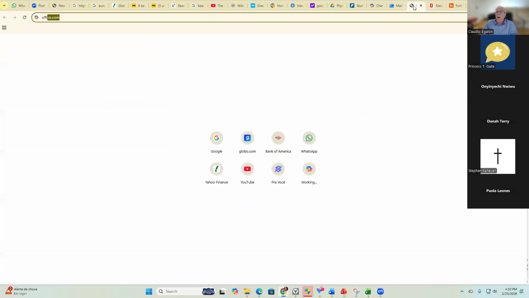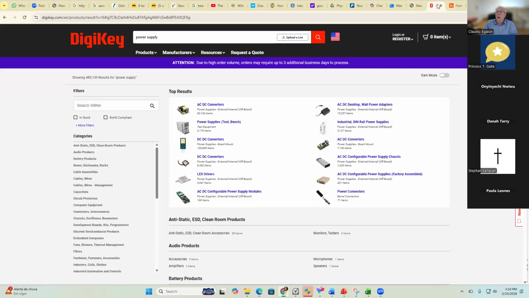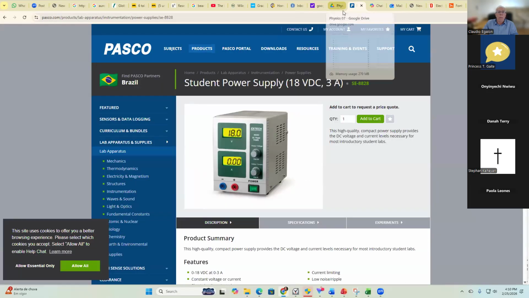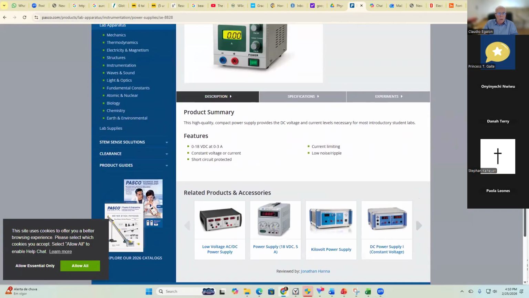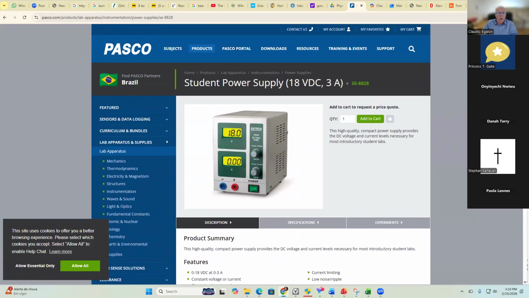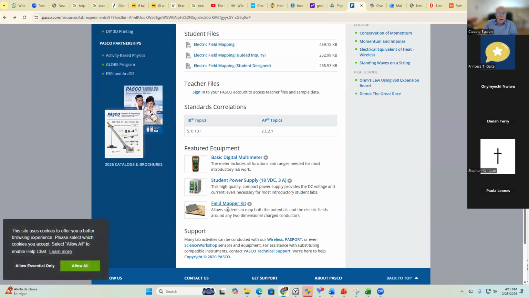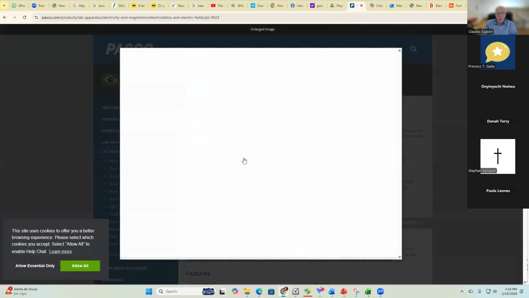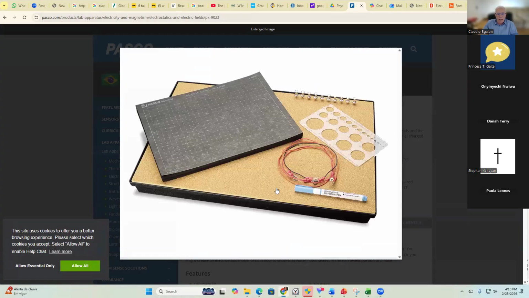It's the kit from Pasco. Let's go back to the kit from Pasco. Here you go. Kit. Okay, here you go. Field mapper kit. See that we have cables here, black and red cables.